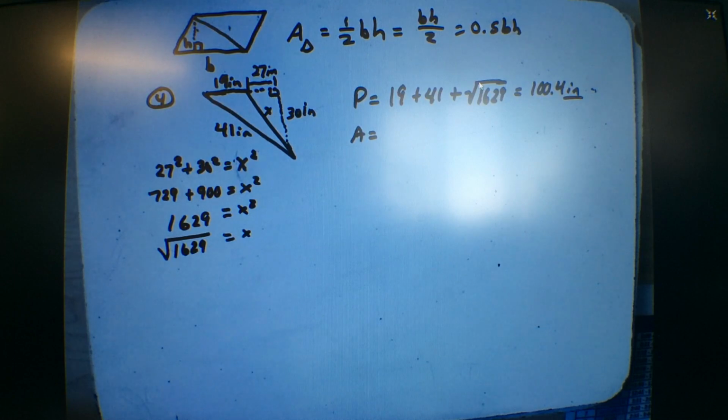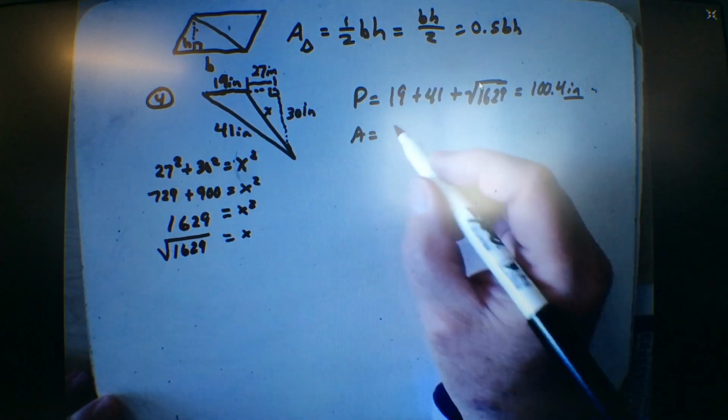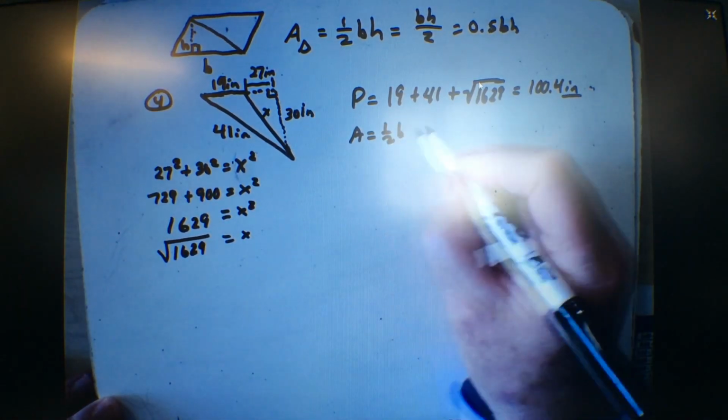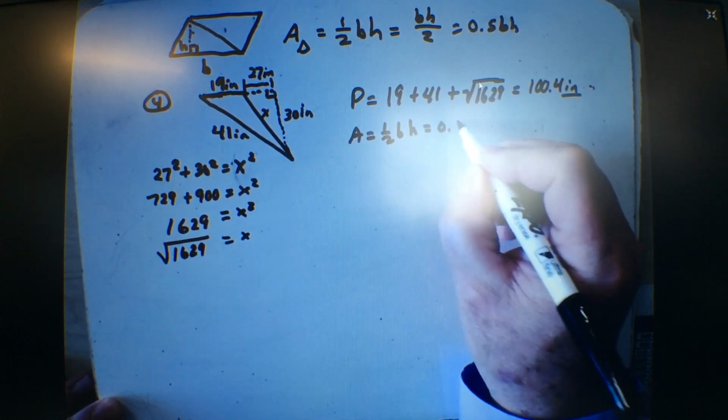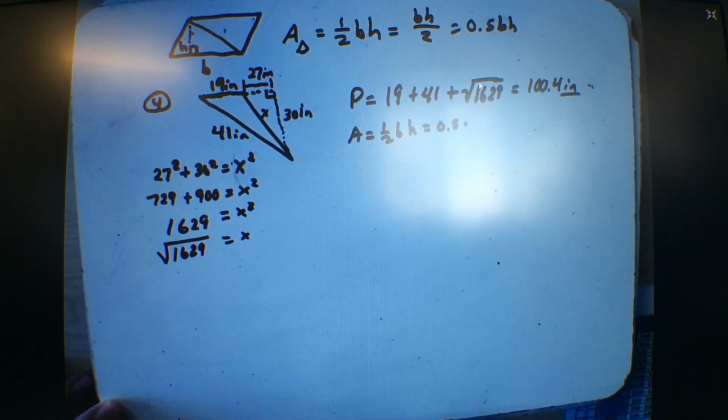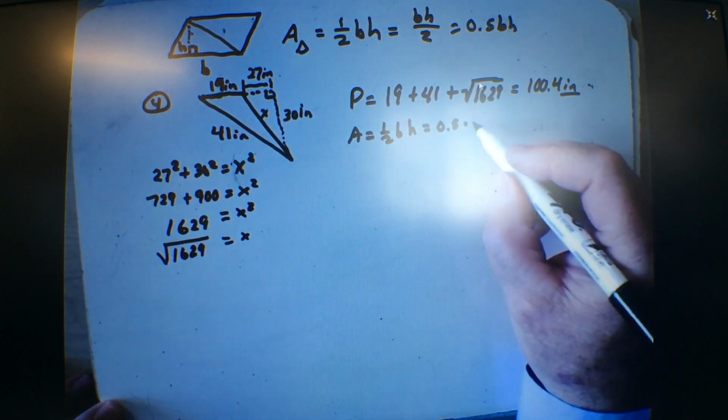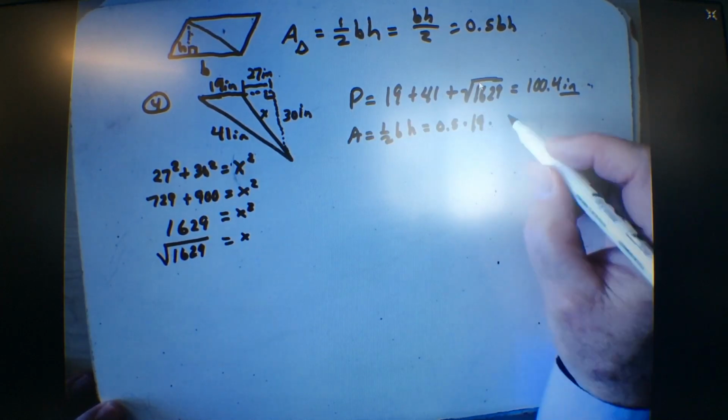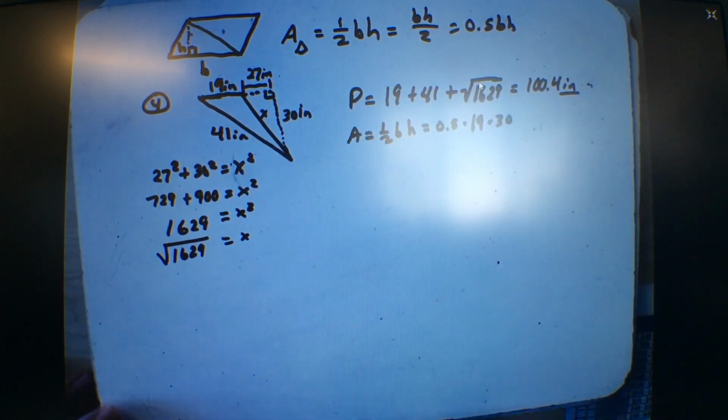Do you understand everything we did there? Okay, so now the area is 1/2 base times height, right? So I'm going to go 0.5 times 19 times 30. 30 is not even in the triangle, is it? But it is the height, isn't it?